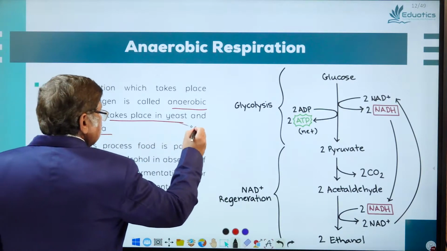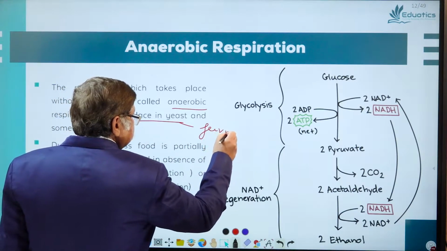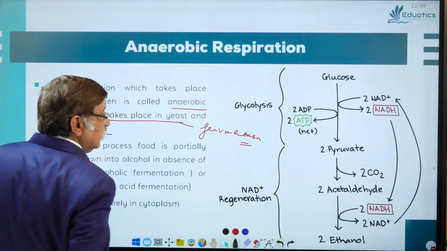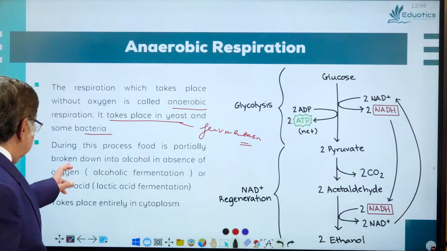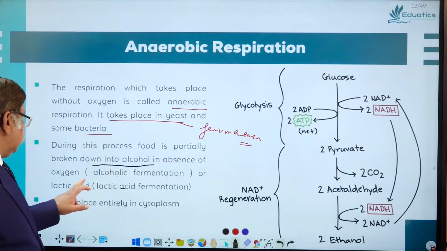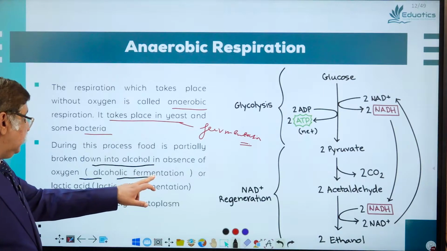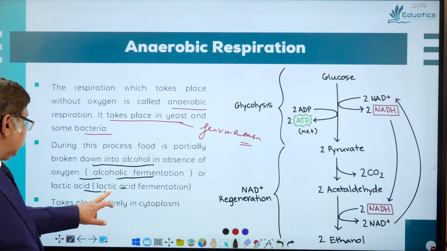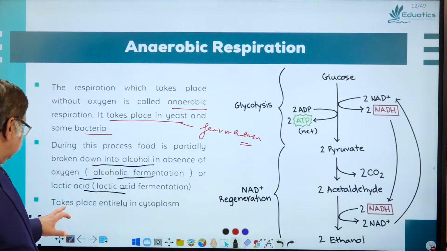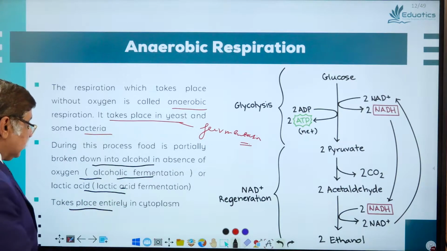In yeast, it is called fermentation. During this process, food is partially broken into alcohol in the absence of oxygen. This is alcoholic fermentation. If the end product is lactic acid, this is lactic acid anaerobic respiration, and it takes place entirely in the cytoplasm.